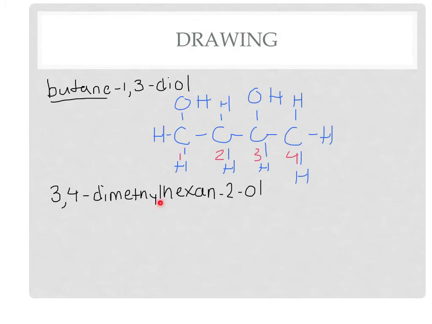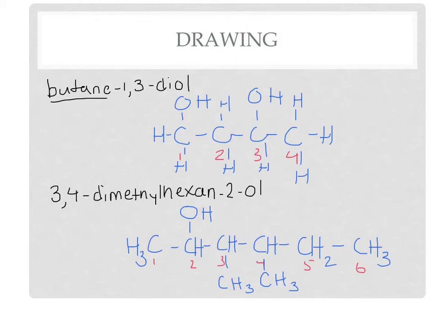So here, if we find the name of our parent chain hidden there in the middle, hexane, that is indicating a 6-carbon chain. Of course, we know it's an alcohol because of the -ol ending, and that hydroxyl group is going to be found on carbon 2. Now we have substituents, methyl, so we have substituents of 1 carbon in length, and we have 2 of them, indicated by the di prefix, and they are at carbons 3 and 4.